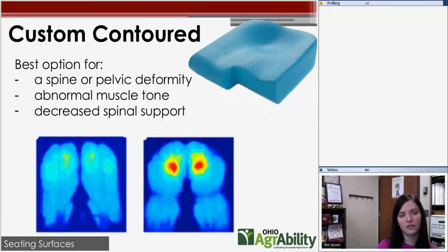Custom contoured seats have to be done with an assistive technology professional, where, as you can see in the bottom 2 pictures, they do a seat mapping and look at where your pressure points are. Then they'll custom make a seat for you, accommodating any type of deformity or spinal abnormality you may have, which is good for those who have either high or low muscle tone or decreased spinal support.